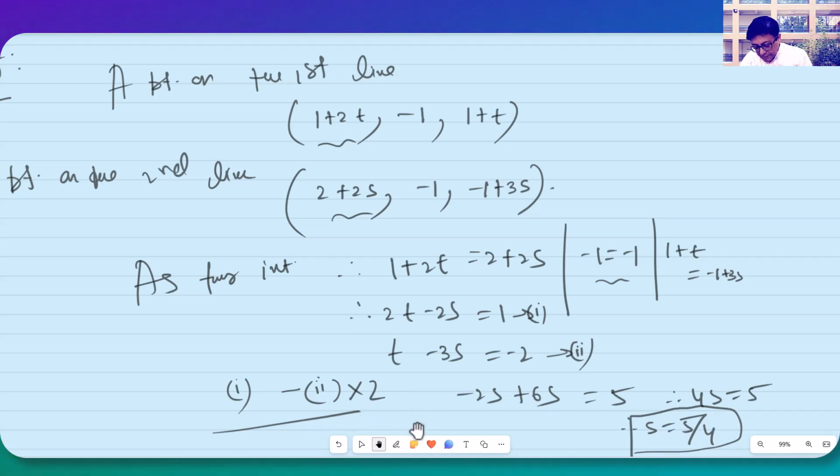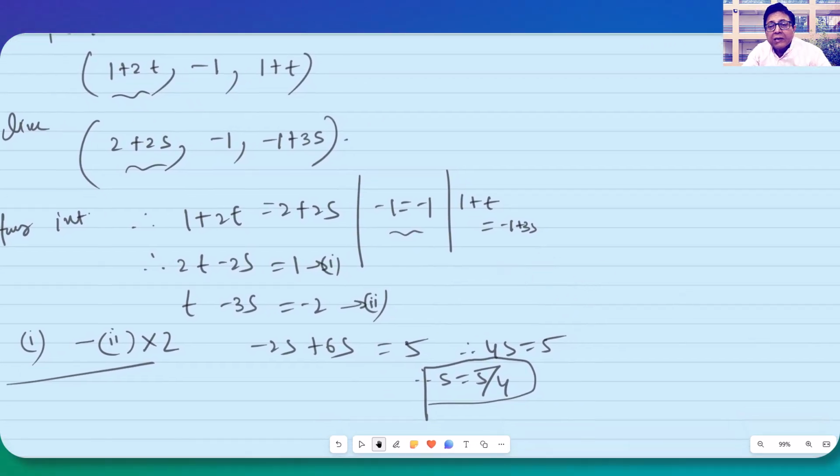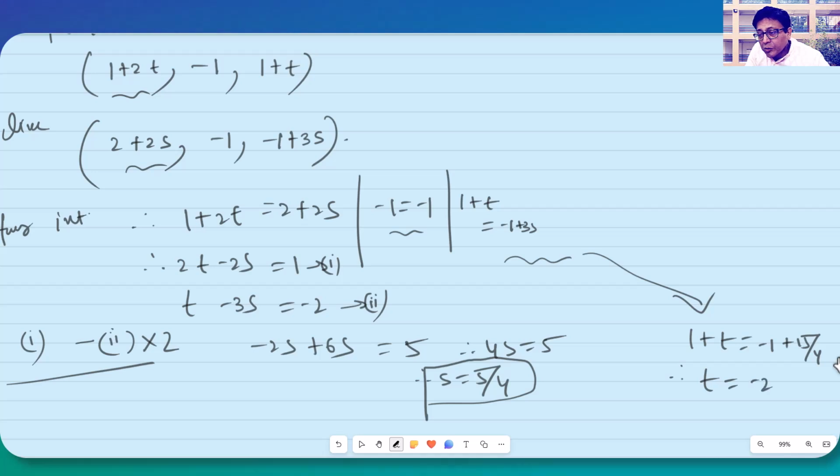Okay? Now put this value of s in the third condition here. I mean number 2 we have taken. So 1 plus t will be minus 1 plus 15 by 4. T equal to minus 2 plus 15 by 4.